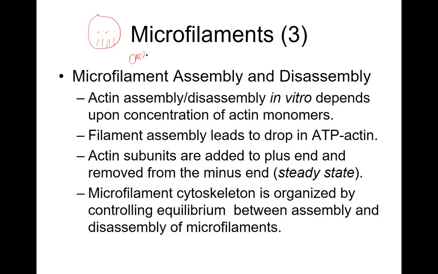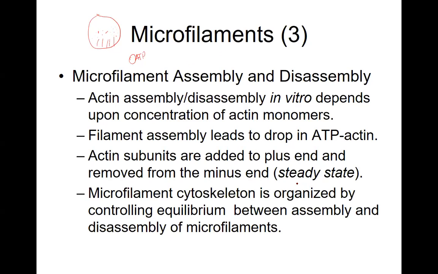Okay, so when they are ATP bound, they can go and bind to the filamentous actin. The ATP will be degraded to ADP and Pi, and then the globular actin will be added to the filamentous actin. So filament assembly, therefore, will lead to a drop in the amount of free ATP-bound globular actin or monomeric actin that may be found. Actin subunits are added to the plus end, and then they are removed from the minus end.